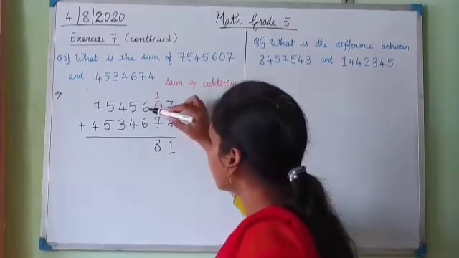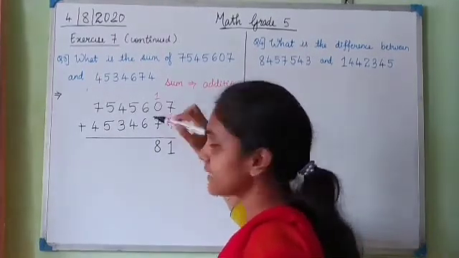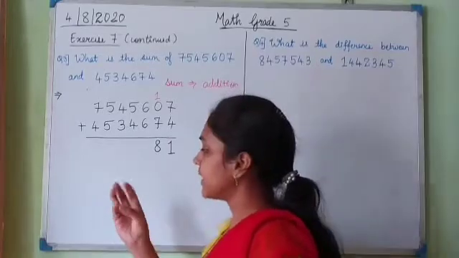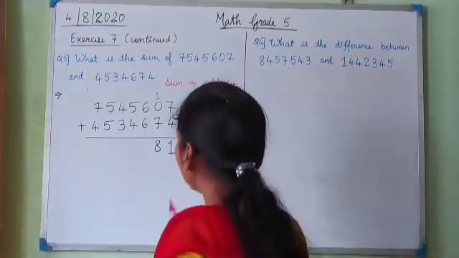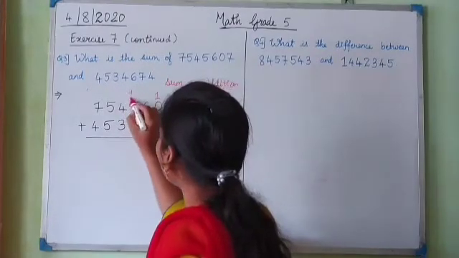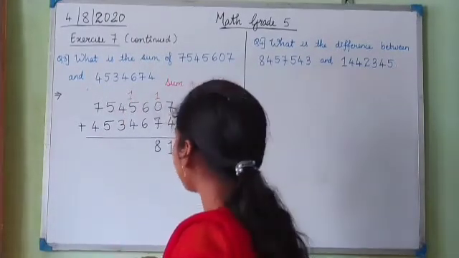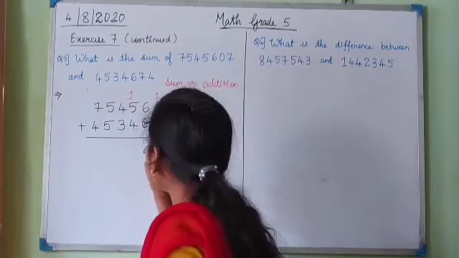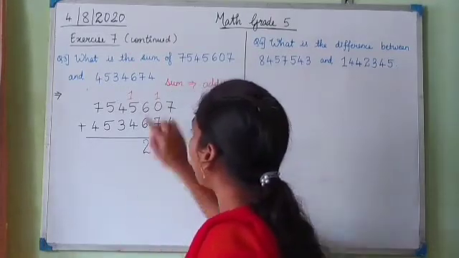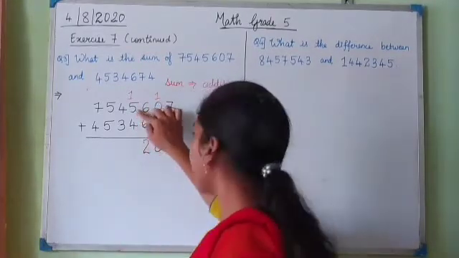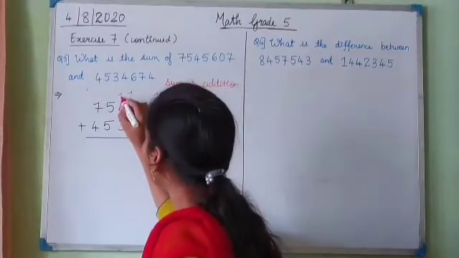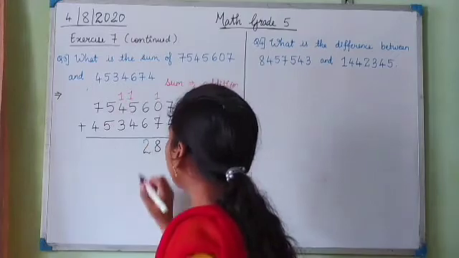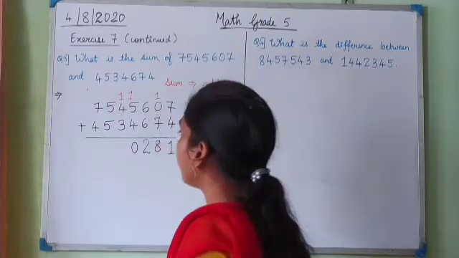Then 6 plus 6. Now 6 plus 6 is how much? Count after 6: 7, 8, 9, 10, 11, 12. So 6 plus 6 is 12. So I write 2 here and the other 1 is carried. Now 1 plus 5 is 6 and 6 plus 4 is 10. So 10's 1 is carried and 0 we write here.